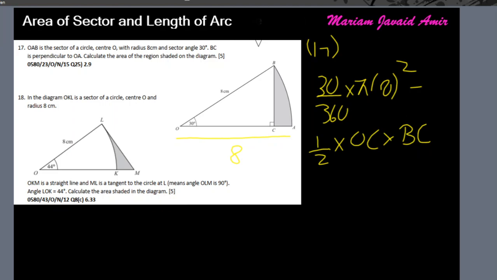So first we need OC and BC. For that we'll use this right angle triangle. This is 8, this is 30. Let's call this BC and this OC.